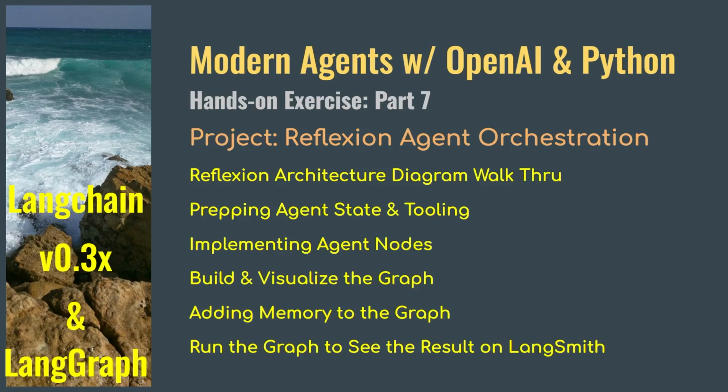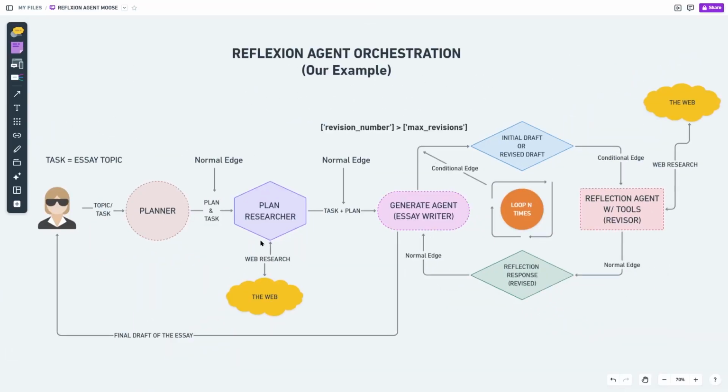Now let's get started. All right, so this is what we're going to be building in this session. Reflection Agent Orchestration. This is going to be our example. User comes in with the topic of an essay as a task, gives it to the planner agent, and this agent has all the instruction to plan out a nice little report type essay, and then passes it along to the plan researcher, and these two agents are connected via normal edge, which is the linear edge.